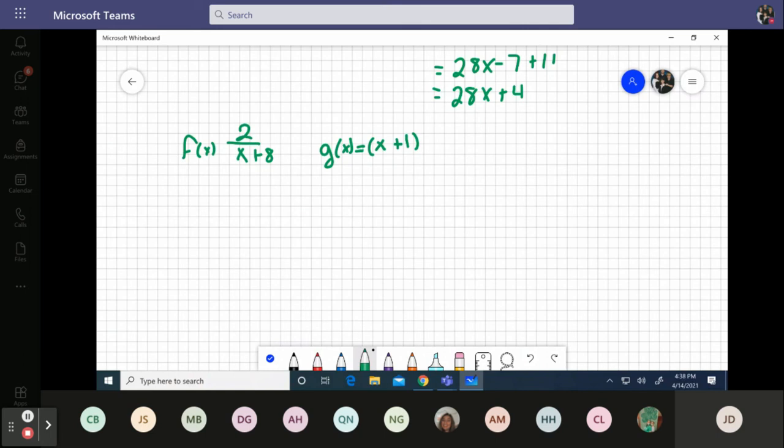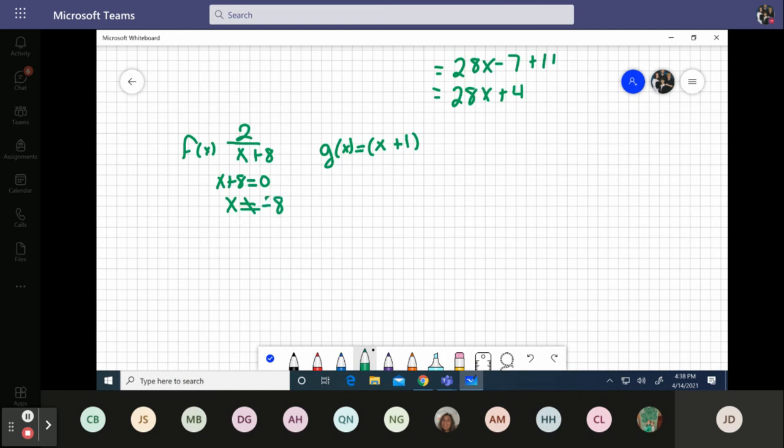What's going to be my restriction for f of x? Cannot equal a negative 8.